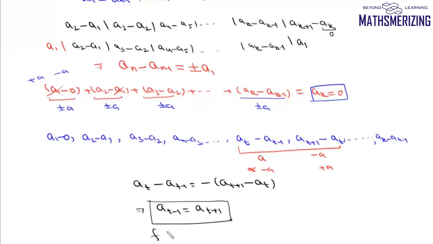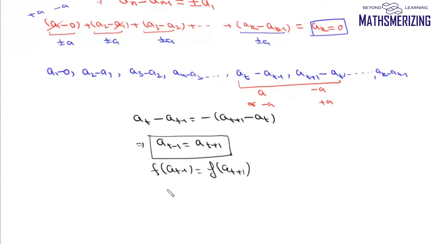Now we take the function: f(at-1) equals f(at+1). So from here we say at is equal to at+2. By induction, this result is true for all values of n. So in general, an must be equal to an+2.